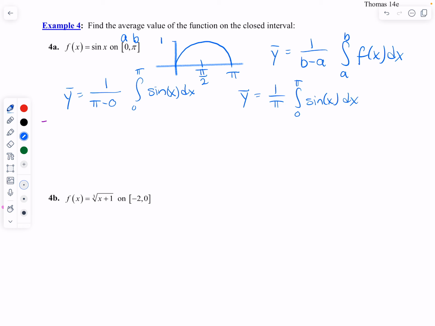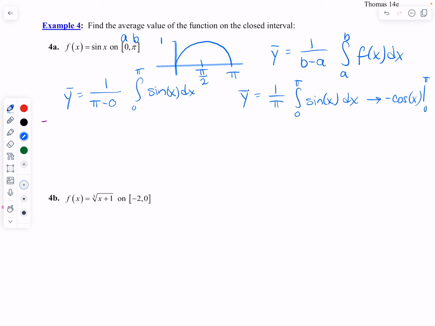So we've already done the integration of sine x dx, but just to remind you that when I integrate sine, I get negative cosine x. And if I take that on the values from 0 to pi, I guess just for giggles, let's do this. So guys, what does this look like?